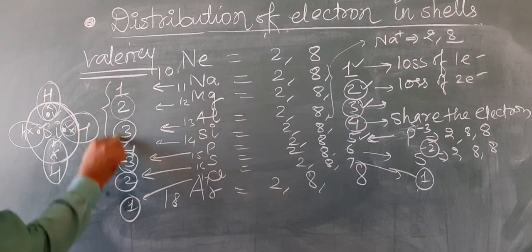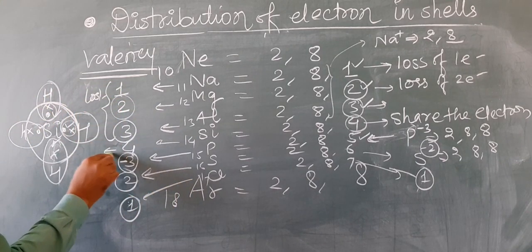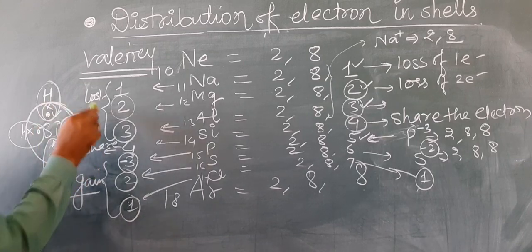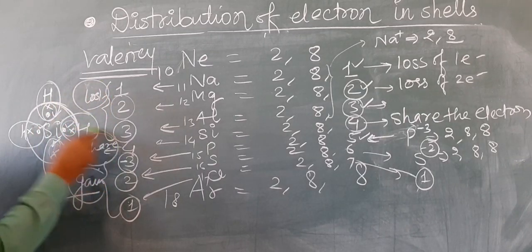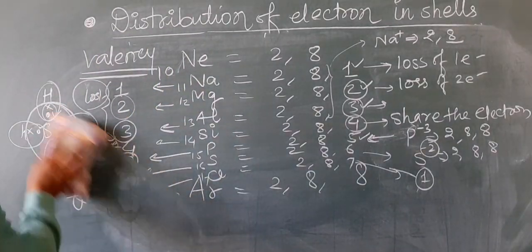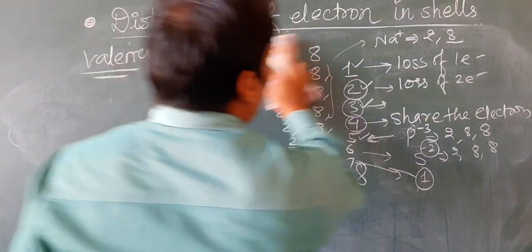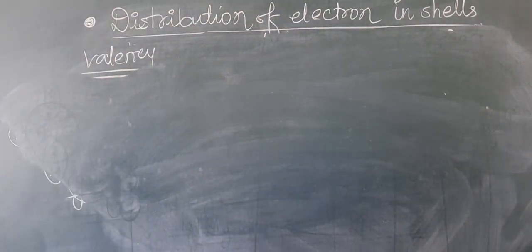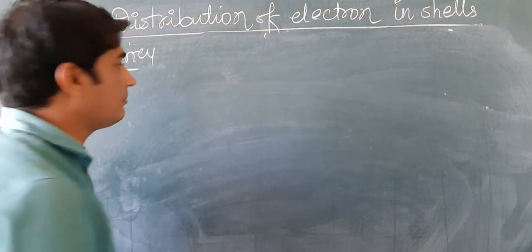So these are the electrons lost, shared, or gained. The number of electrons lost, gained or shared to complete the octet is known as the combining capacity or valency of the element.